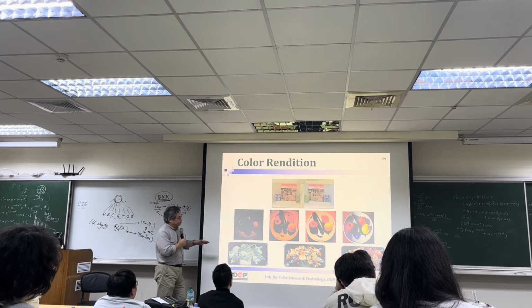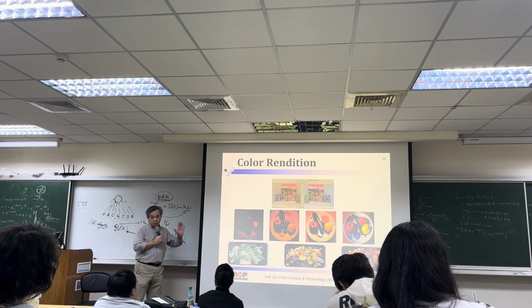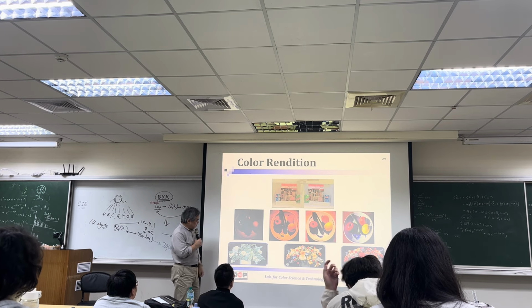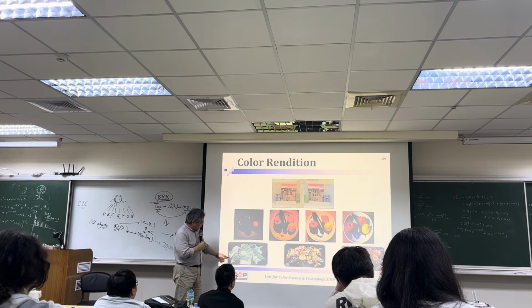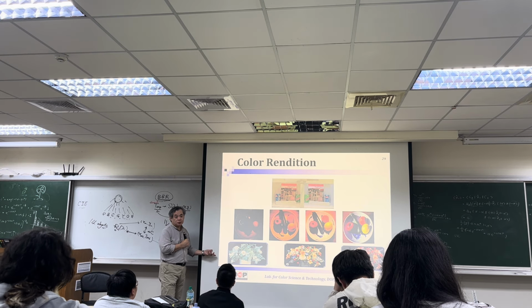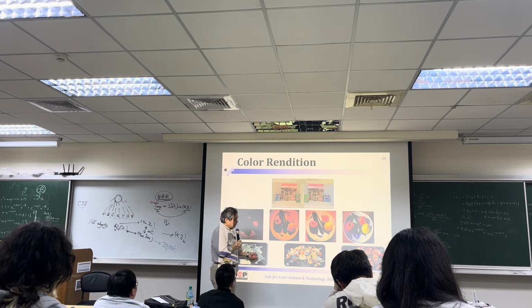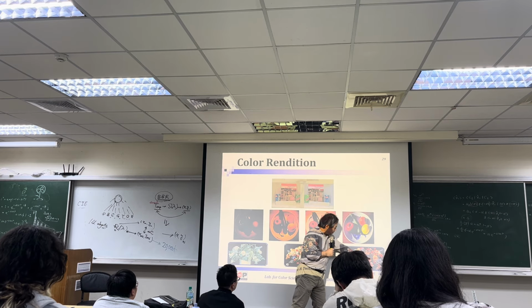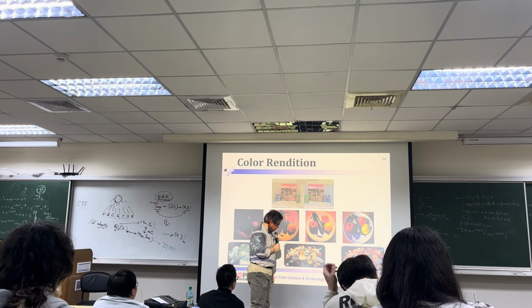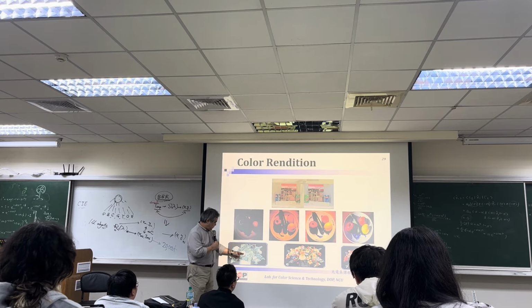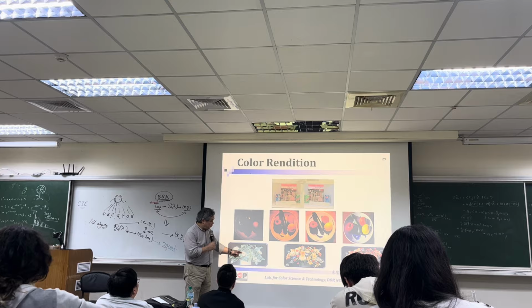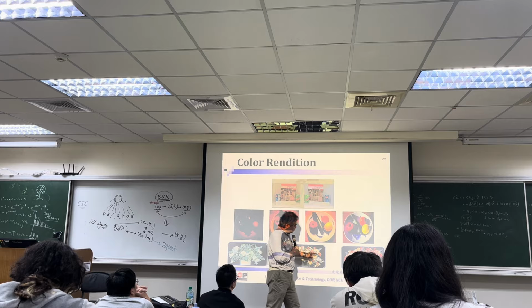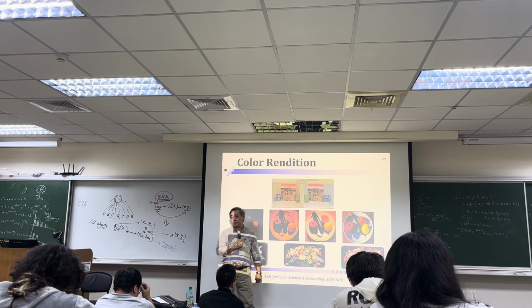So we like to use flowers or a female model to test how good the light source is. You can see that for a bad light source, the flower just looks grayish, right? And if you have a good quality light source, you will see every color of the flower. The same flower looks grayish, orange, yellowish. Actually, it is fresh red.